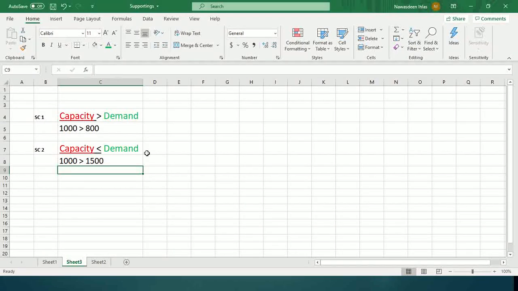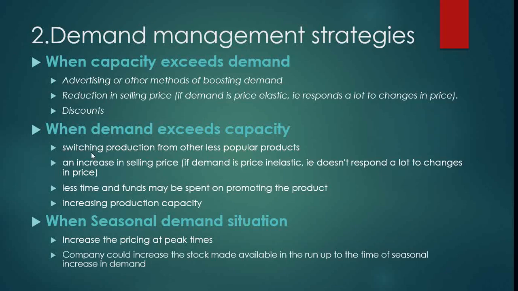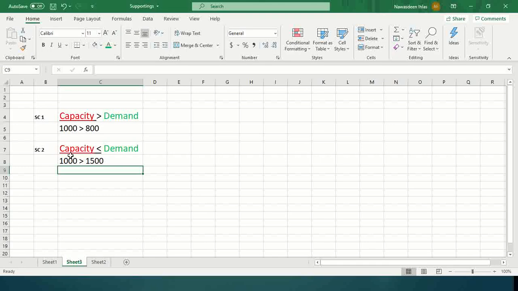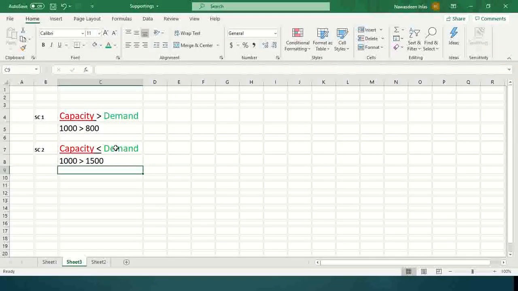Now what will happen? Our capacity is not sufficient to meet our demand. So at this point, we are talking about only the demand side, right? Capacity we can manage, that is a separate scenario. Now here we are assuming capacity is constant. We are going to manage only demand.